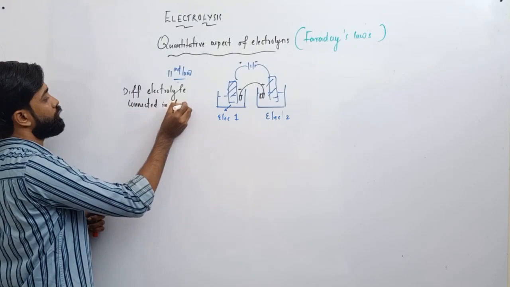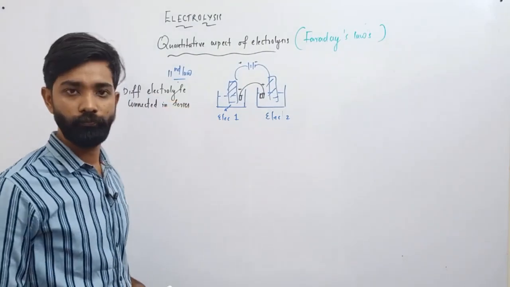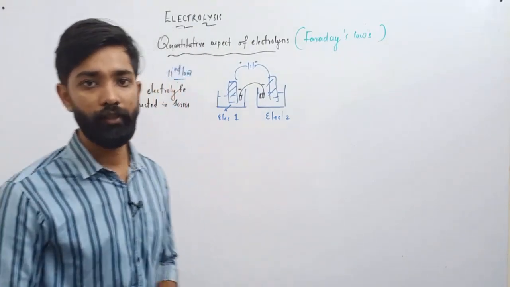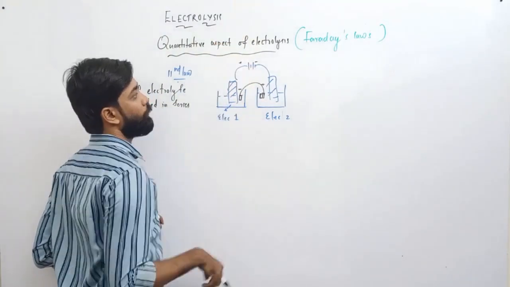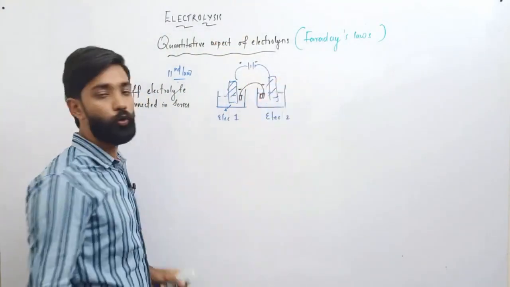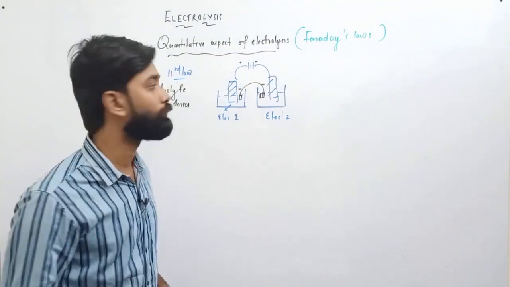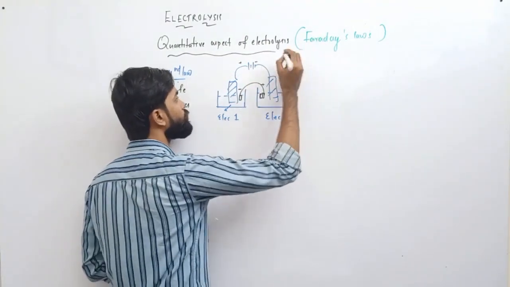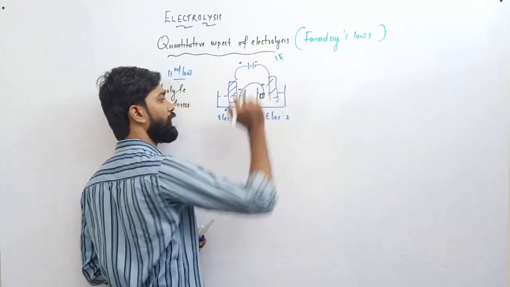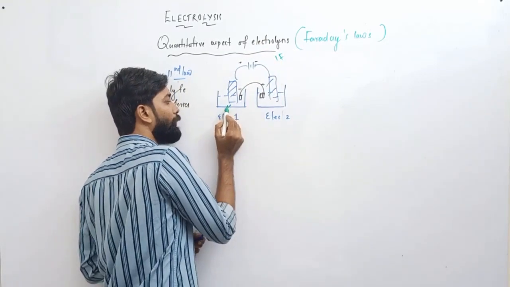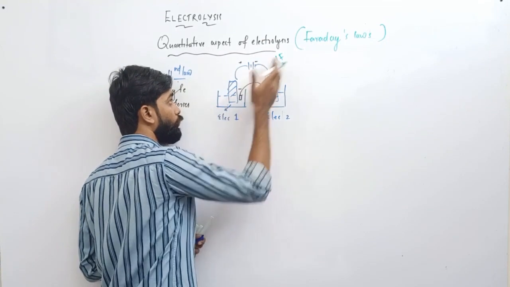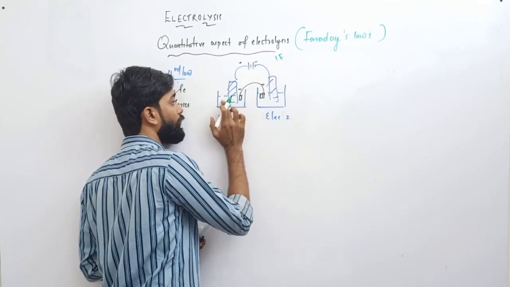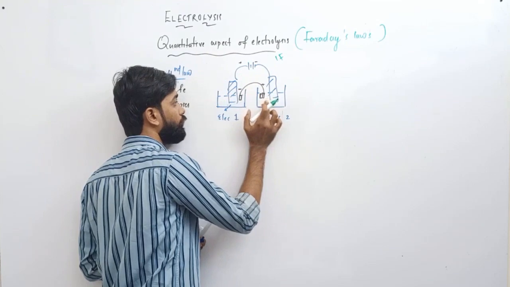If two different electrolytes are connected in series, then the mass deposited will be proportional to their own equivalent mass. Because series connection means the current will be the same. If 1 farad is supplied here, we obtain 1 farad here, and 1 farad here also.